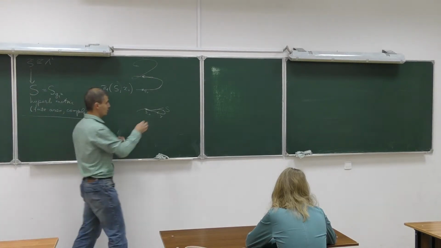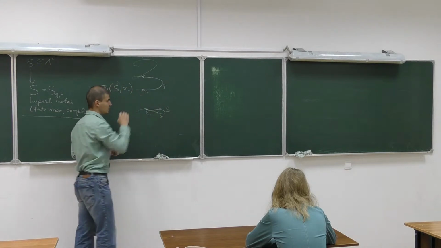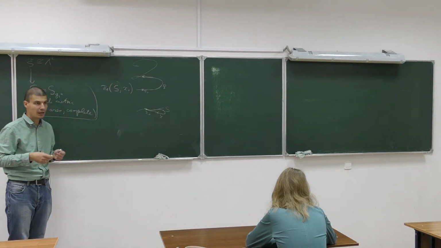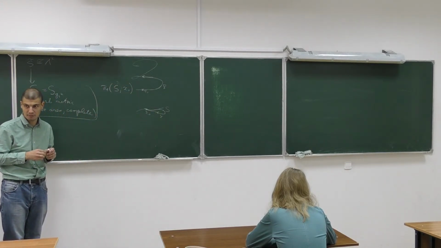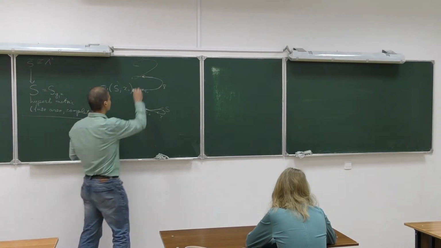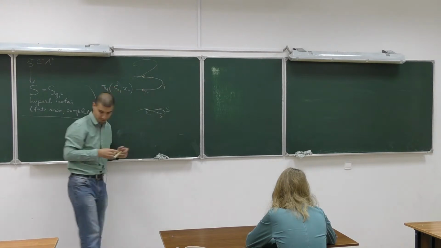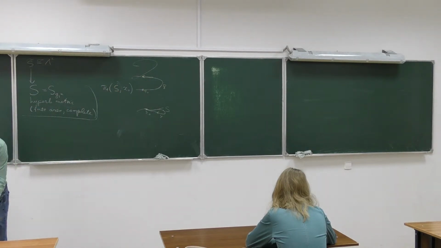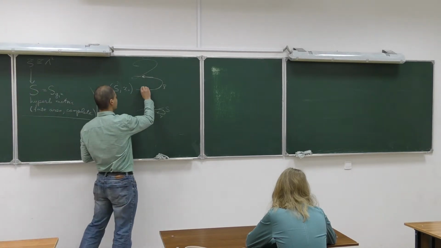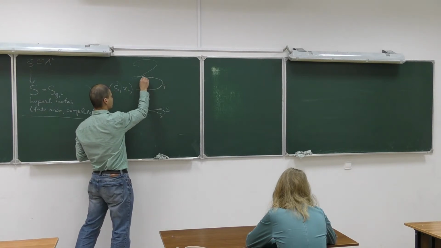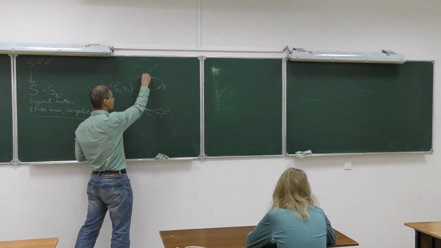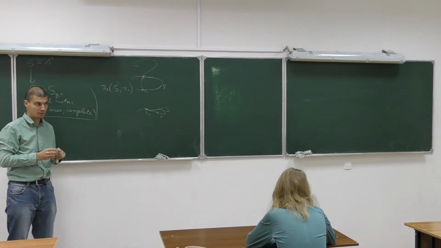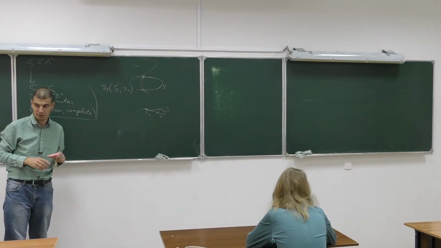We can lift this loop so that it starts in x0 tilde, and then it finishes at some point, and there is a unique deck transformation that takes x0 tilde to this final point. There is a unique deck transformation.